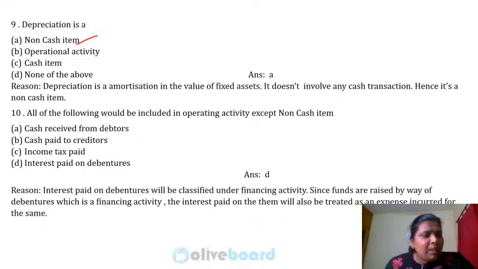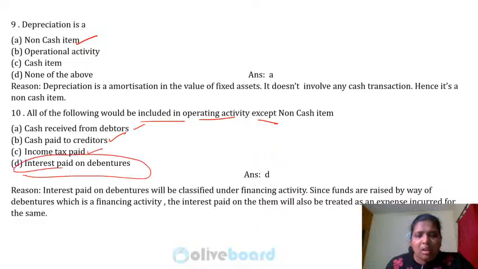Cash received from debtors, we will take; cash paid to creditors, will take; income tax paid; interest paid on debentures, this one we will not take. It is not a non-cash item, sorry, it's a non-operating item.